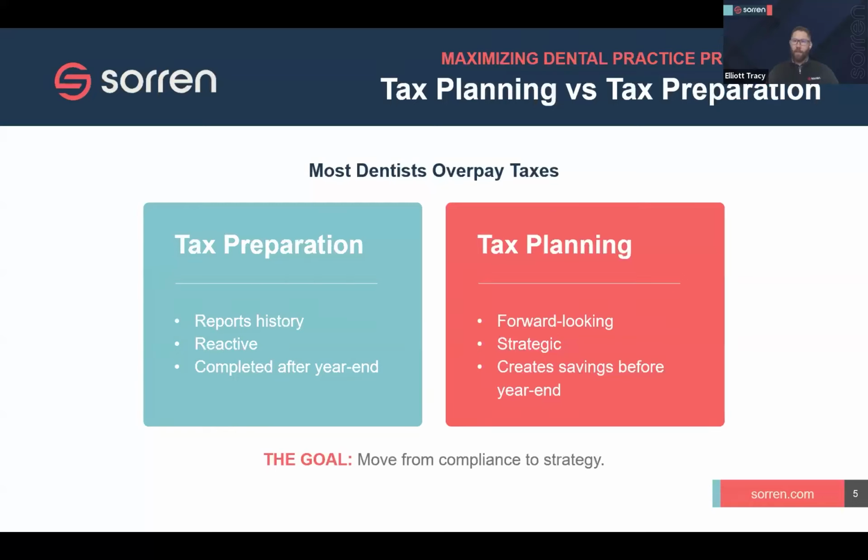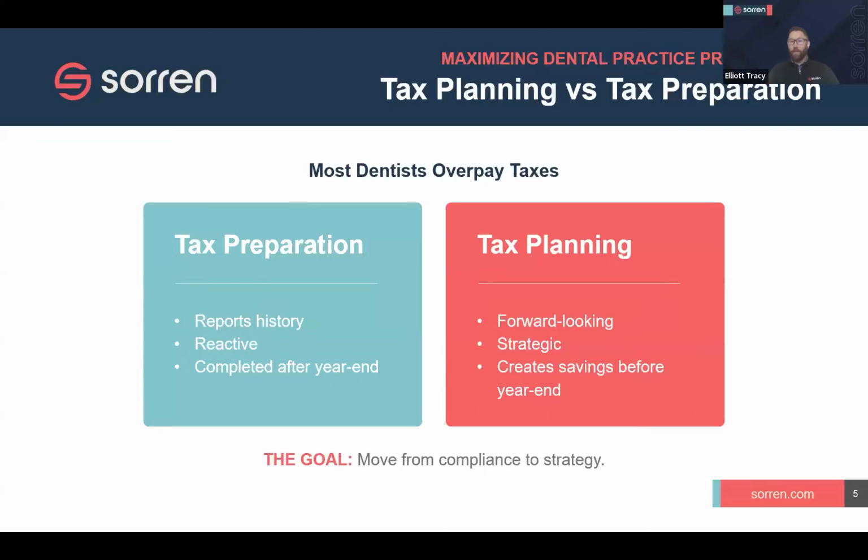You have to file your taxes. These are all historical reports. These are reactive. They are not proactive. They're all completed after the year is over. If a decision was made in the past year to buy something, or you end up collecting something that you weren't expecting, those items are gone. They're baked into the numbers, and we're now reporting on historical values.